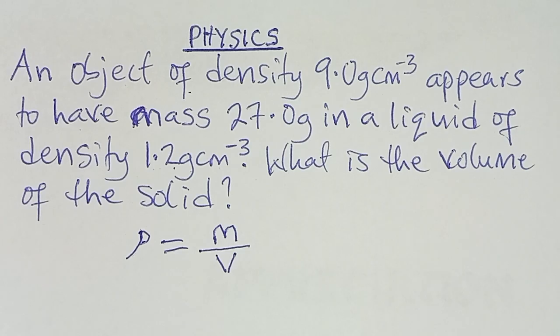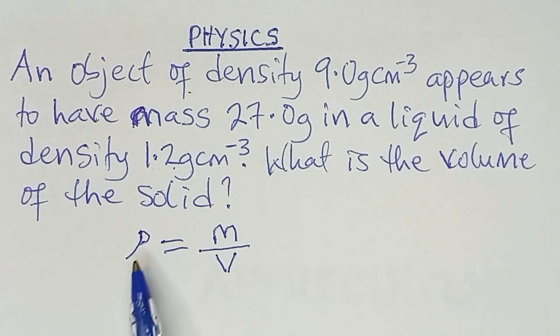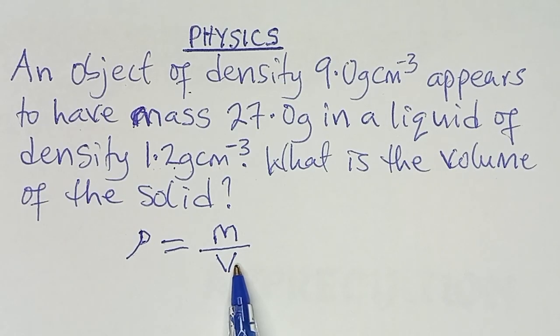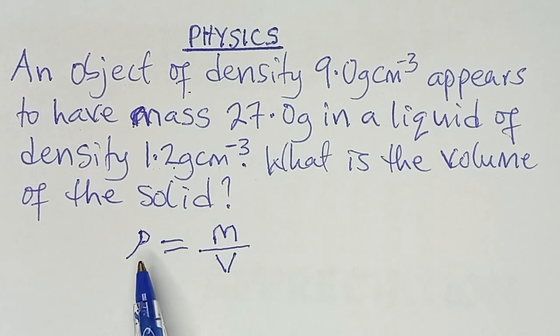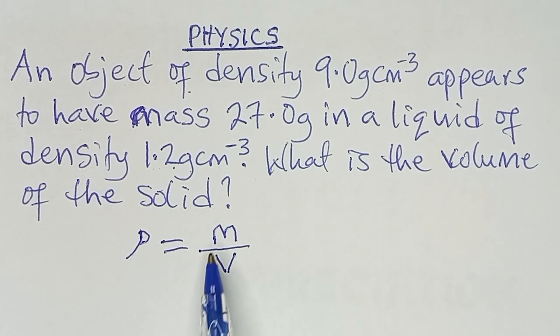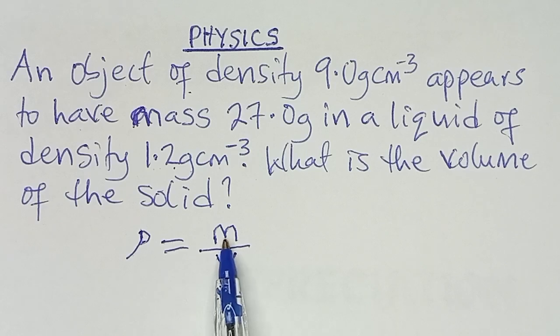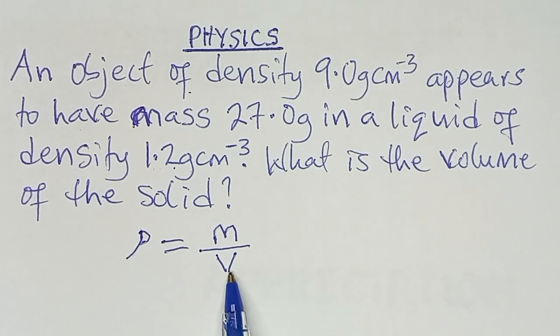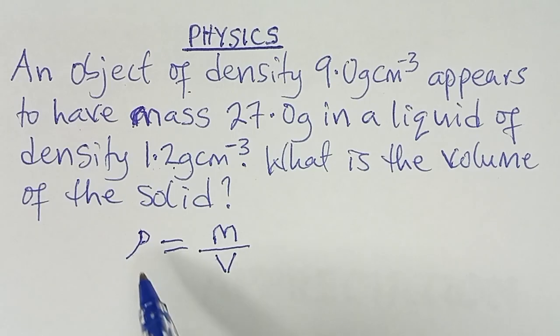We know the density of the object, but we don't know its mass and we don't know its volume. So the first thing we can do is express the mass of the object in terms of its density and volume. Let me substitute values in this formula.